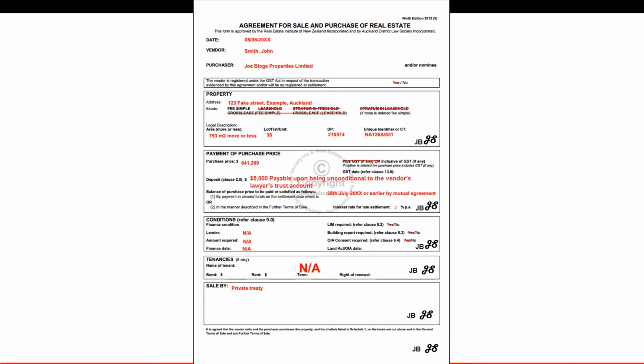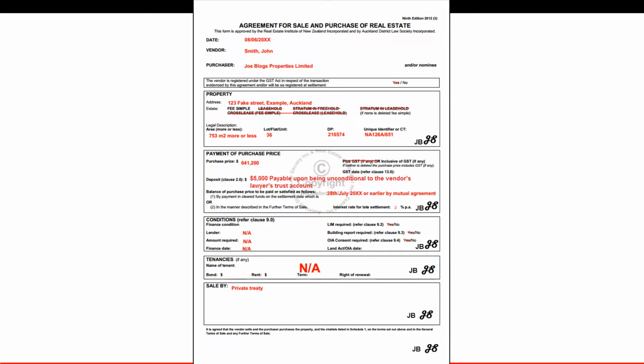And you'll notice that there's a whole bunch of JBs and another little squiggly line, and that's basically initials. So JB is Joe Blogg's initials, and the squiggly line JS is John Smith's initials. So they both agree on all the terms of everything. And just as a rule of thumb, I like to write my initials on all the main boxes.